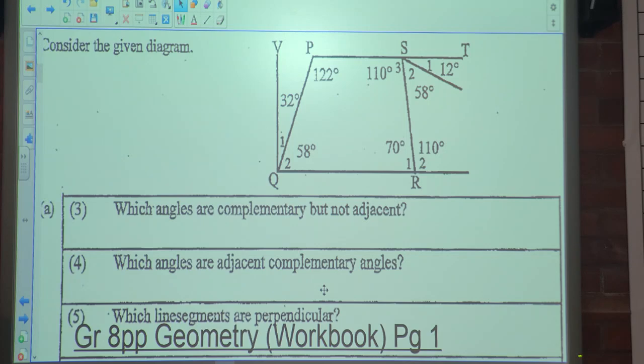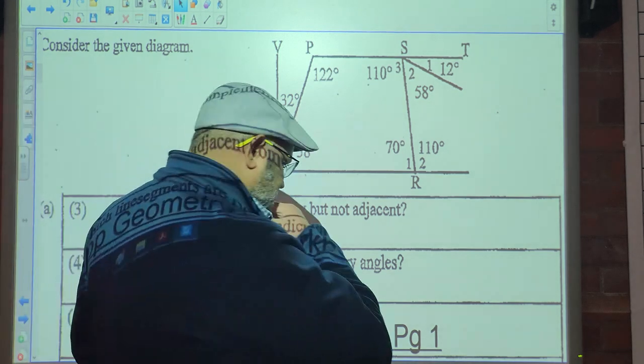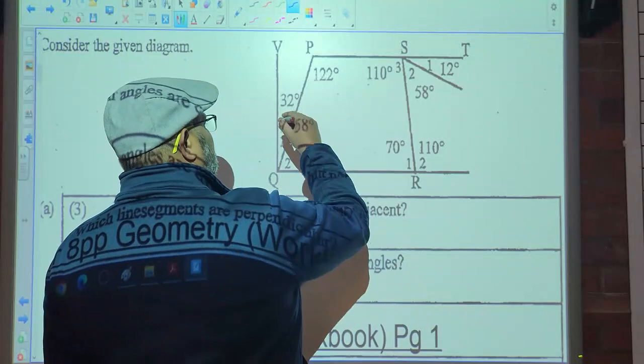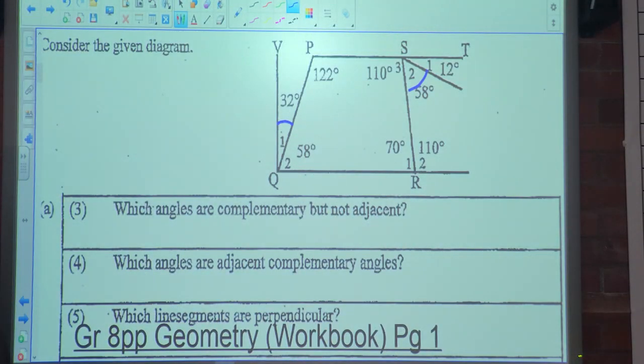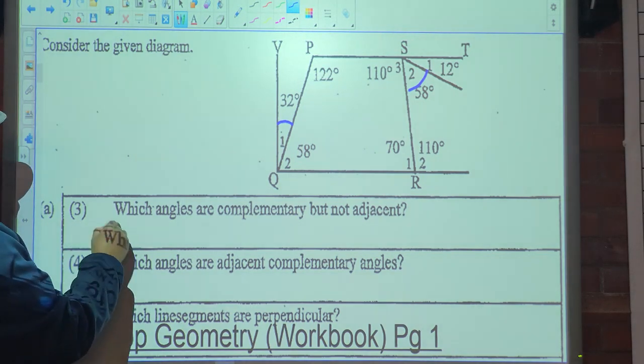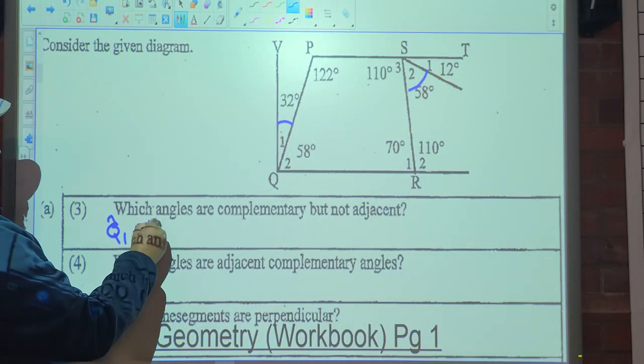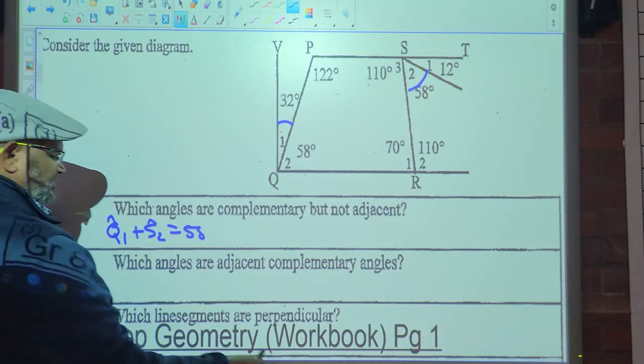Which angles add up to 90? Q1 and H2, not so? 32 plus 58 is 90 degrees. So Q1 plus H2, which is 58 degrees, equals 90 degrees.